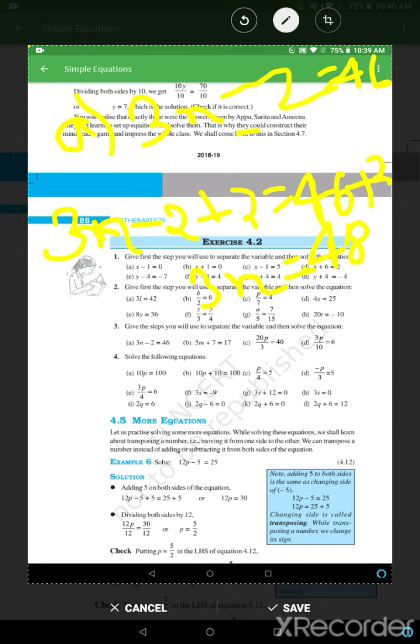Now dividing both sides by 3, 3n upon 3 is equal to 48 upon 3. 48 divided by 3 will be 16, and the value is 16.